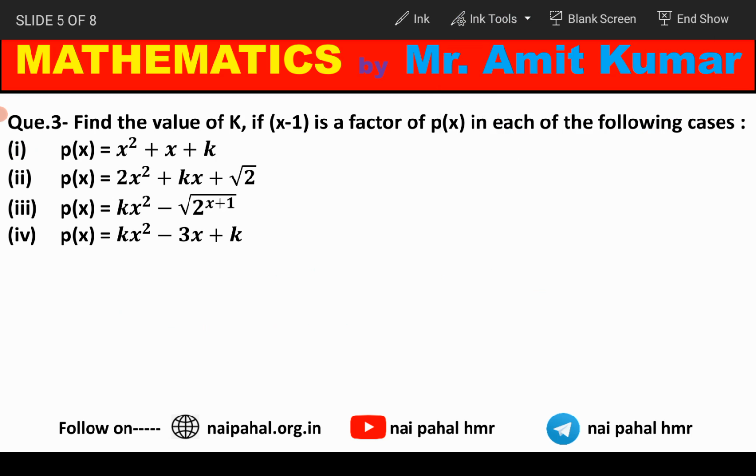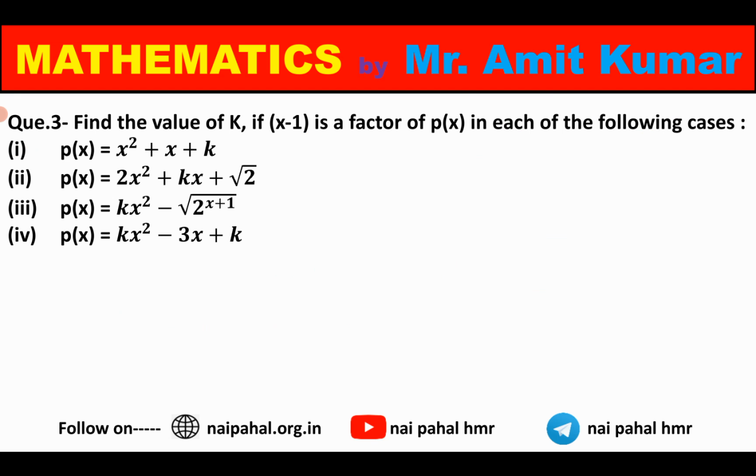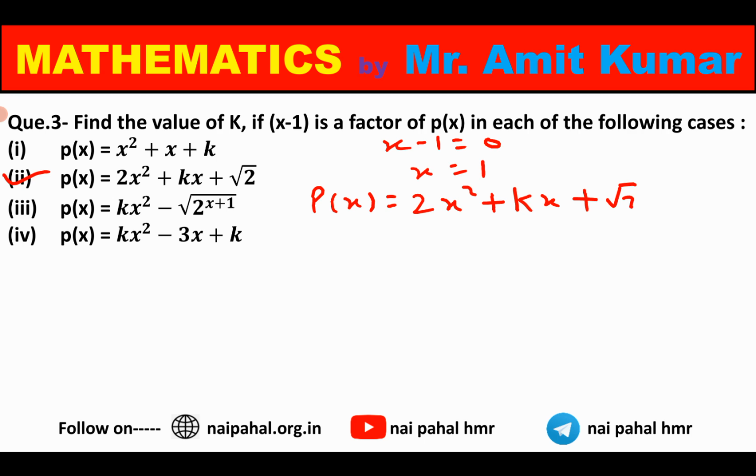Cube of 3 minus 4 times square of 3 plus 3 plus 6. Cube of 3 will be 3 times 3 is 9, times 3 is 27. Square of 3 is 9, 9 times 4 is 36, and 6 plus 3 is 9.